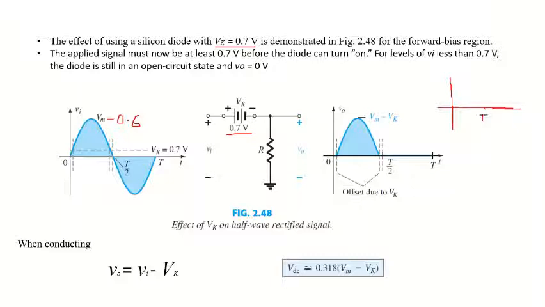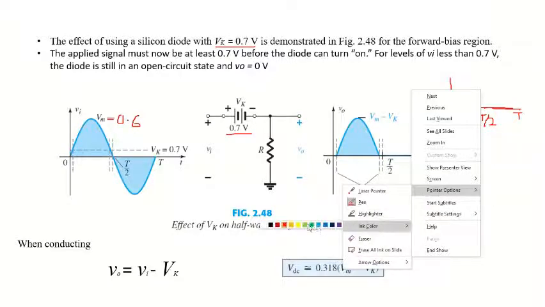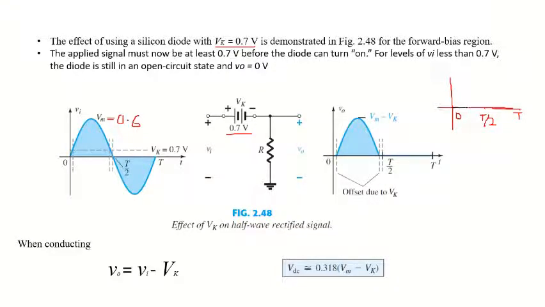This is T by 2, this is T. Let me change the color. Okay, this is the output of this signal if Vm is equal to 0.6 volt, because the diode will never be in its on state.